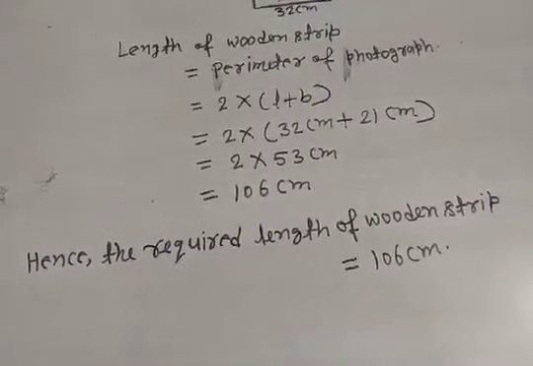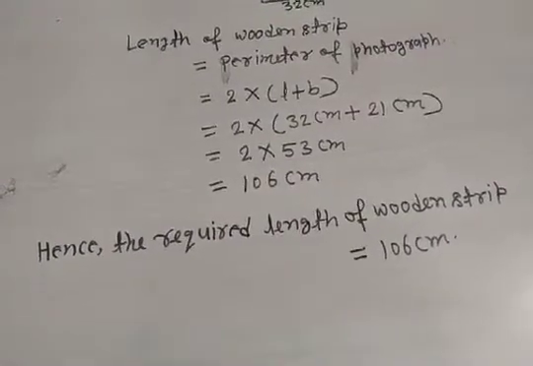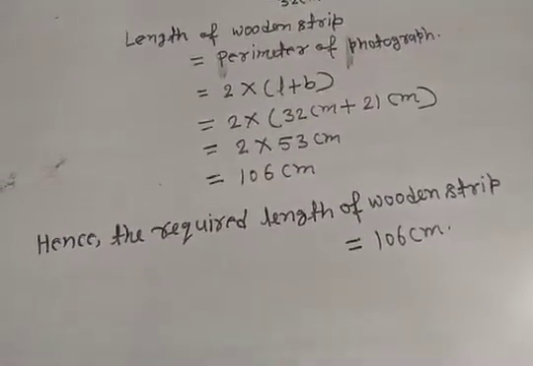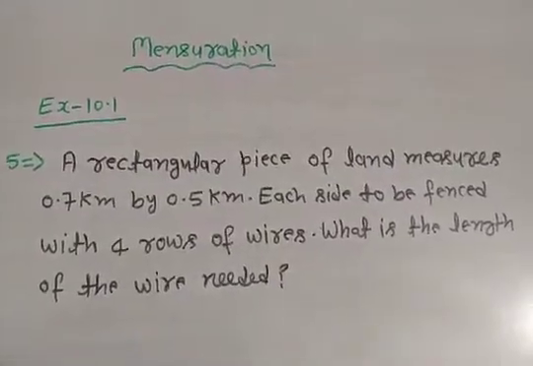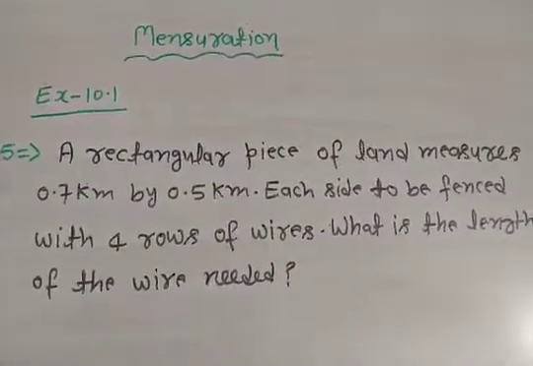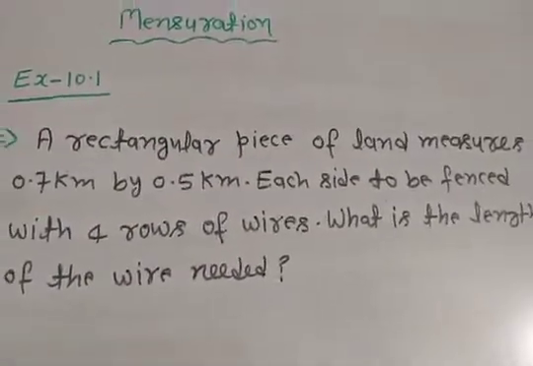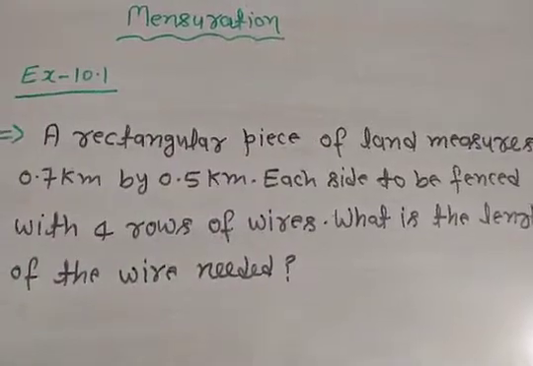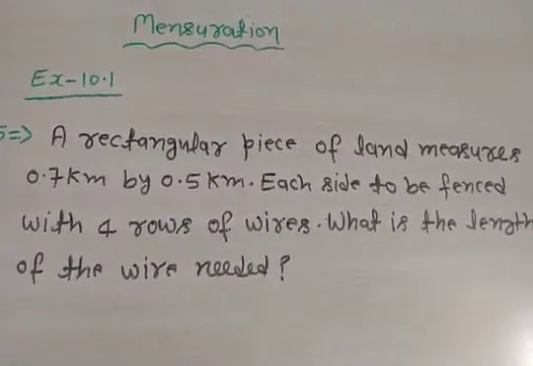Now we are going to solve question number 5 of this exercise 10.1. A rectangular piece of land measures 0.7 kilometers by 0.5 kilometer.